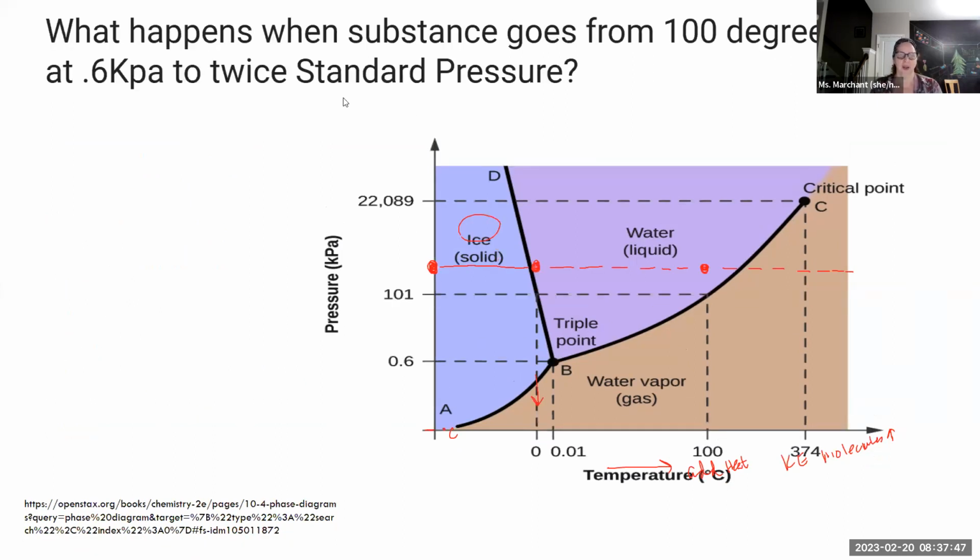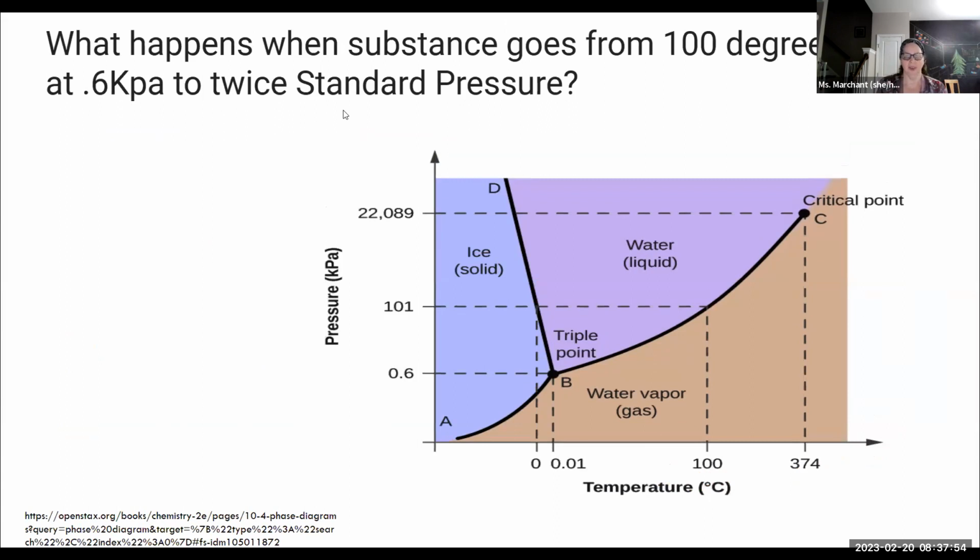How about this one? What happens when a substance goes from 100 degrees C at 0.6 kilopascals to twice standard pressure? So first I'm going to double check. Kilopascals, kilopascals. I don't need to do any conversion. Degrees C, degrees C. I don't need to do any conversion.